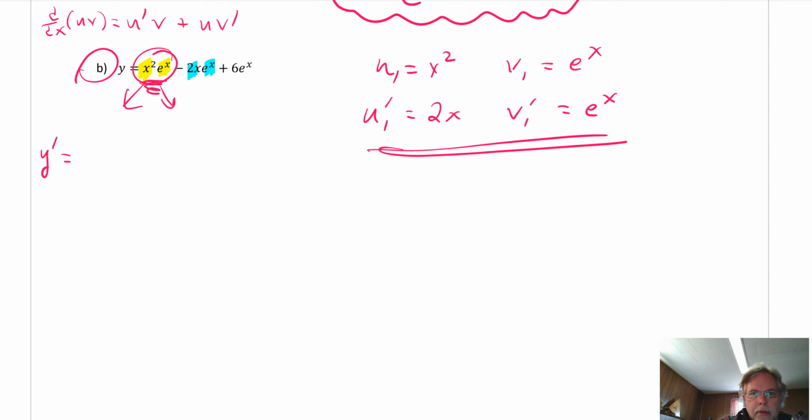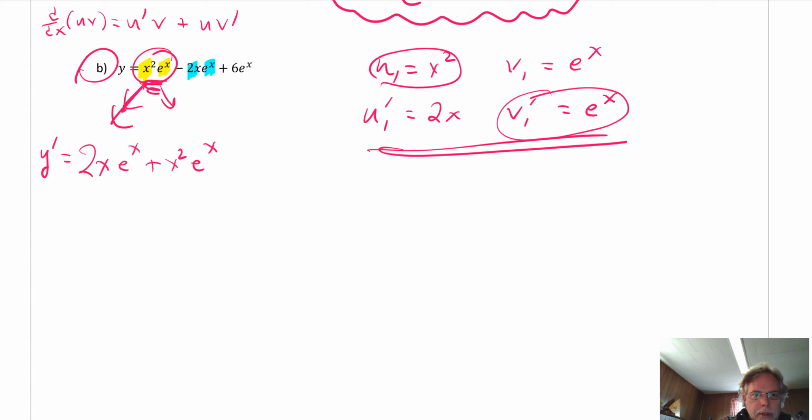Y prime equals u1 prime, which is 2x, times v, which is e to the x, plus u, which is x squared, times v prime, which is e to the x. So those two terms are the derivative of the first term in the problem.